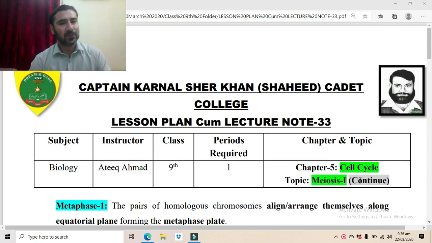In the prophase 1 of Meiosis 1, the chromatin network condenses and the chromosomes are visible under the microscope. The homologous chromosomes, which are similar in shape and size, pair up with each other. They come close to each other and form pairs.